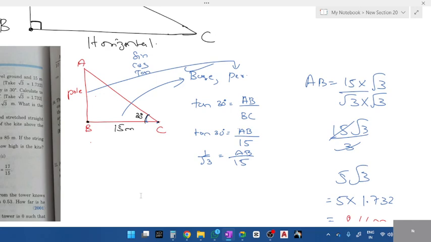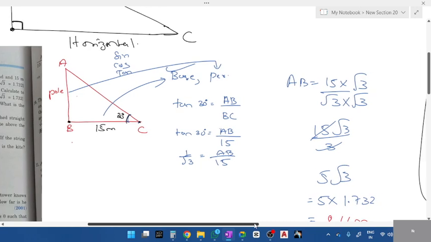Yeah, be quick, at least 4 to 5 questions will be solved. And the most used values are tan 30 and tan 60, right? 1 by root 3 and root 3.